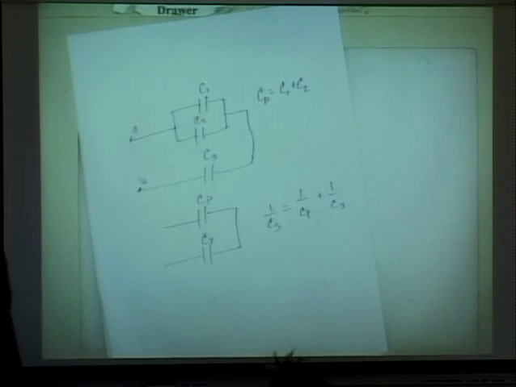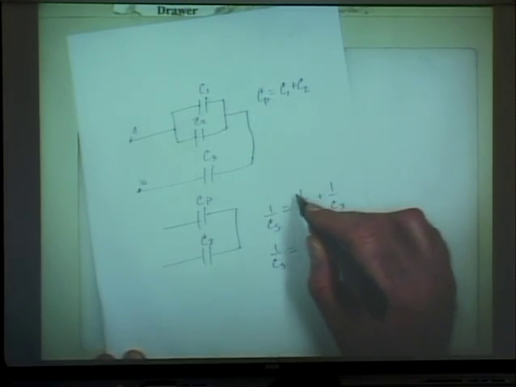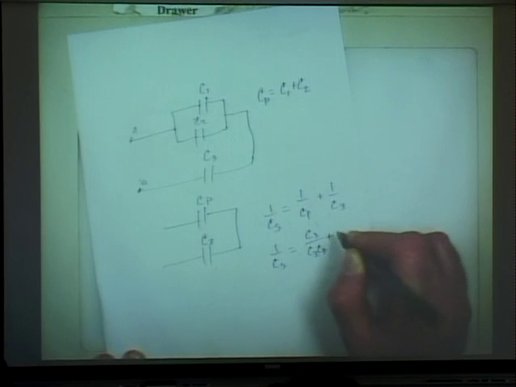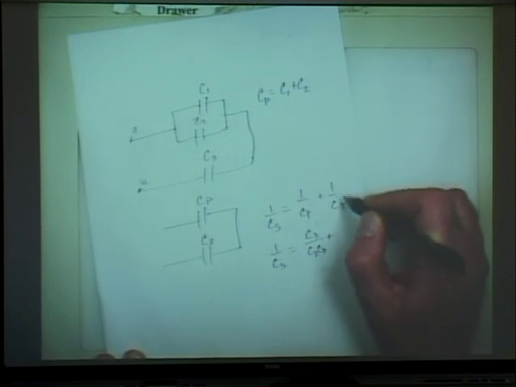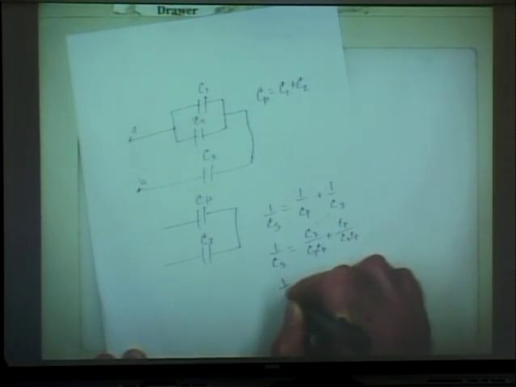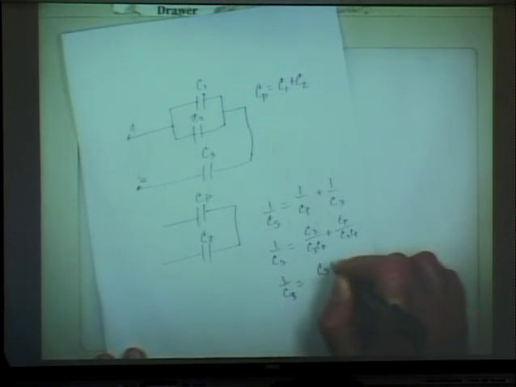But let's go ahead and do this anyway. 1 over CS would equal, if I multiply this by C3 over C3 and this one by CP over CP, so 1 over CS is equal to C3 plus CP over C3 times CP.